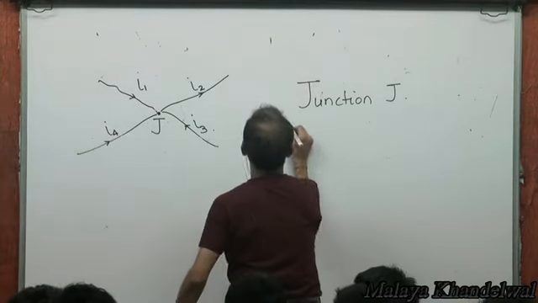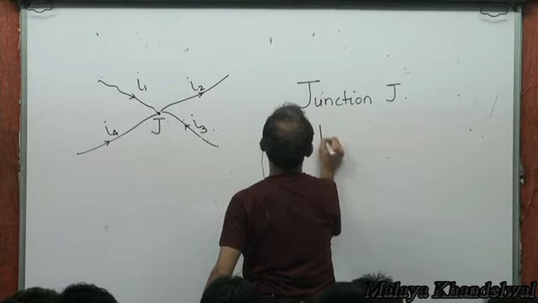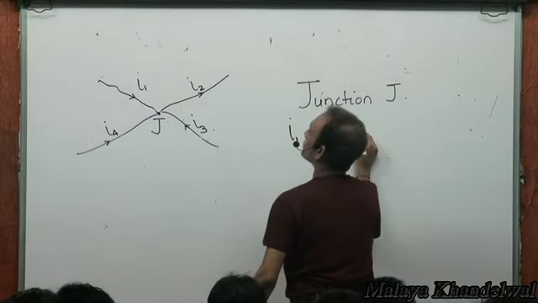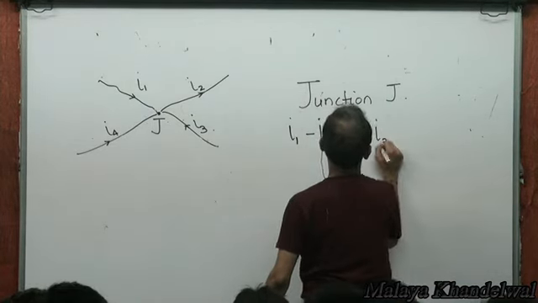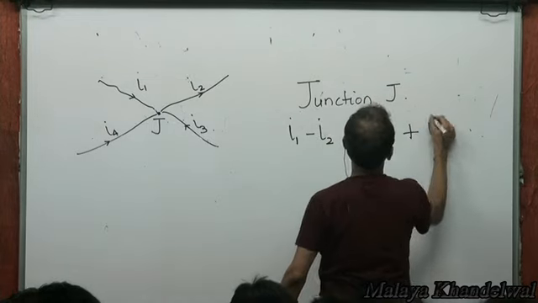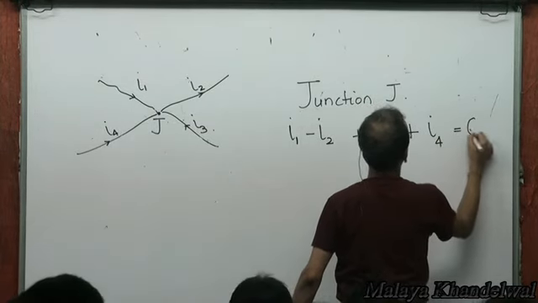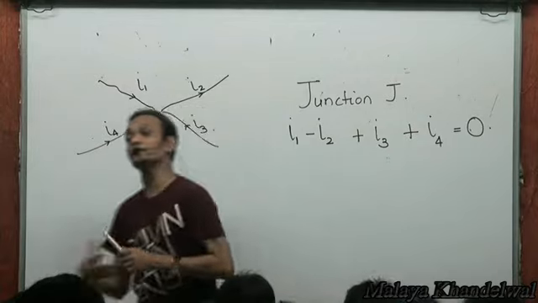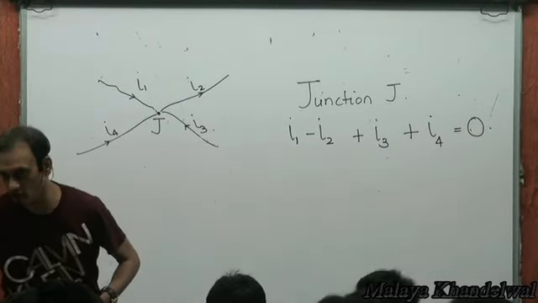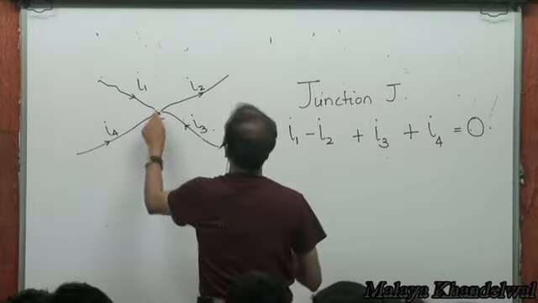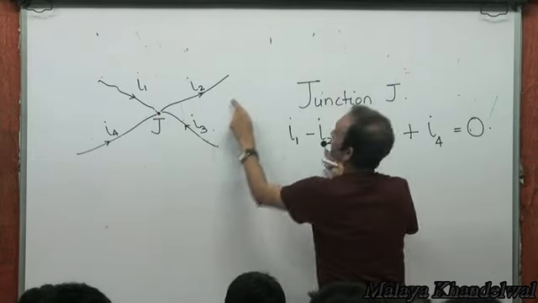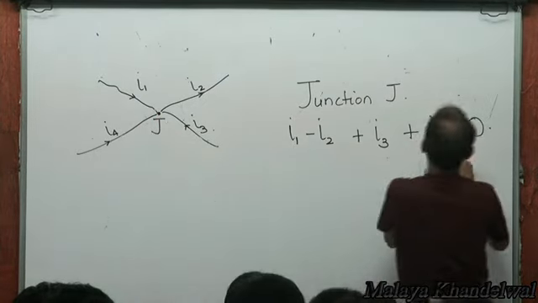That means we must have, say, I1 minus I2 plus I3 plus I4 is 0. The algebraic sum of the currents entering a junction must be 0, right? I1 coming in, I2 leaving, I3 coming in, I4 coming in.